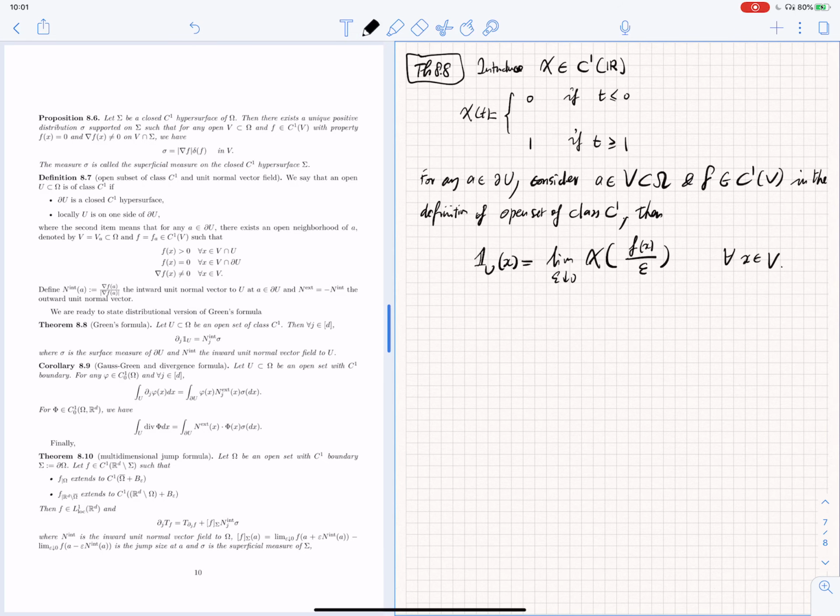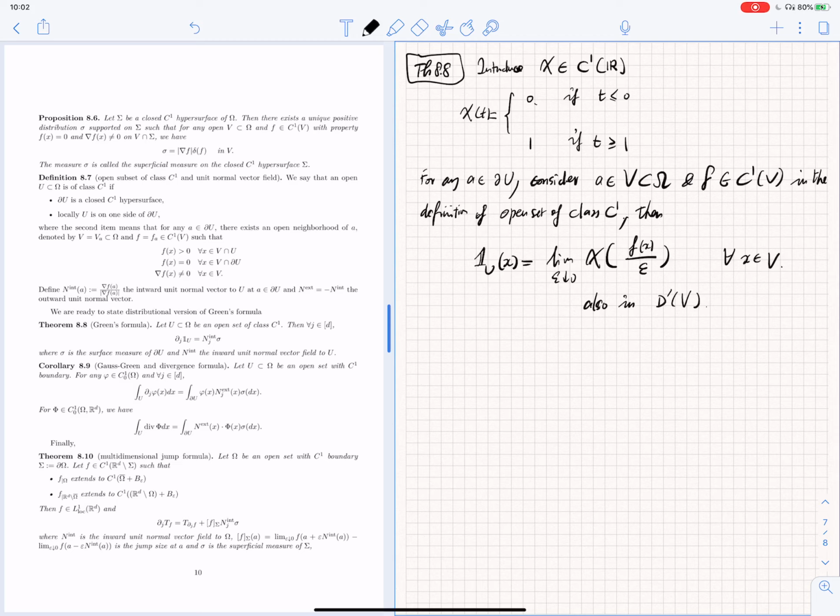And so as epsilon goes to 0, this eventually becomes 0 according to the definition of chi again. In any case, we have this pointwise convergence, and also by using the uniform boundedness of the function chi, we can show by using the dominated convergence theorem that this converges in terms of distribution. So also we have convergence in D prime of V.